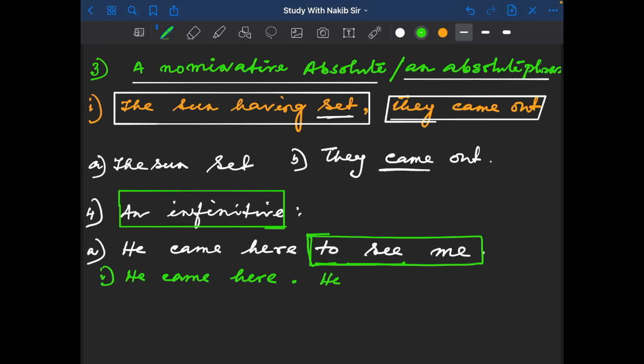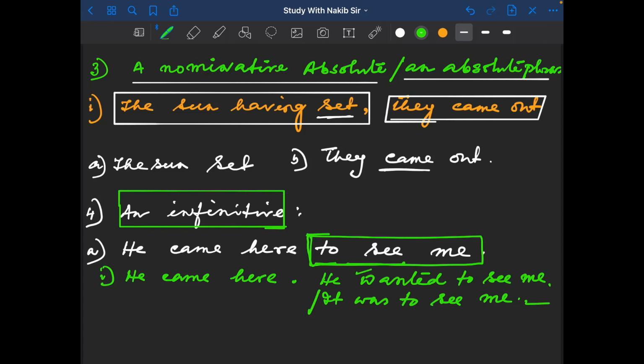He wanted to see me. You may write this way, he wanted to see me, or it was to see me. You may make another sentence this way or this way.